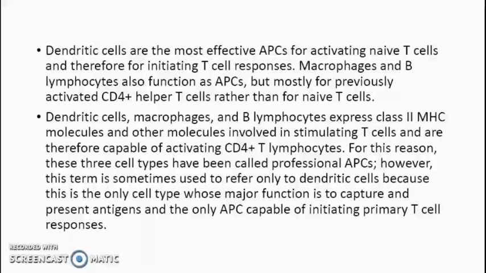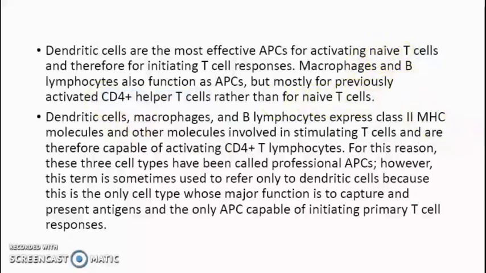Dendritic cells are the most effective antigen-presenting cells for naive T cells, and therefore for initiating T cell responses. Macrophages and B lymphocytes also function as antigen-presenting cells, both mostly for previously activated CD4 helper T cells, rather than naive T cells.